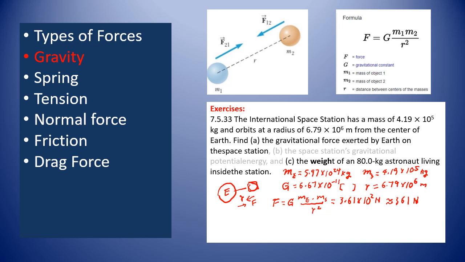So C, the gravitational force, again the same formula. So I simplify a little bit. 6.67, that's from G, and 5.97, that's from the Earth's mass, and now 80, that's the astronaut's mass, and divide by 6.79 squared.